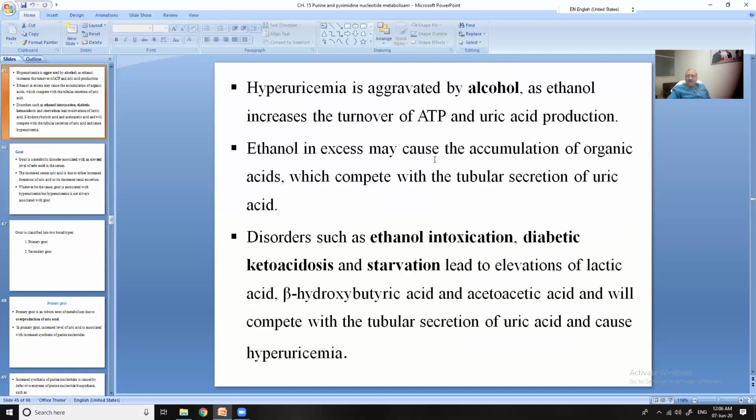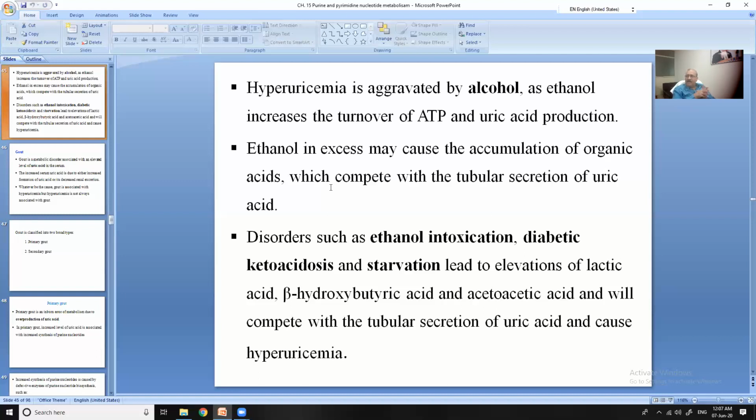Ethanol in excess may cause the accumulation of organic acids which compete with the tubular secretion of uric acid. More and more organic acids will come and they will compete with the uric acid; the organic acid will say that I will excrete first and uric acid will say that I will excrete first.